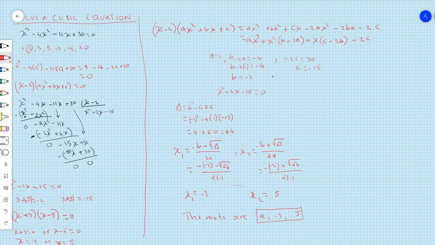Now if they ask you to rewrite that equation in another form, like factor it out, you already have the zeros, right? So all you do is write x minus whatever roots you found. So x minus 2 times x minus -3, that's positive, so x plus 3, times x minus 5, equals 0.